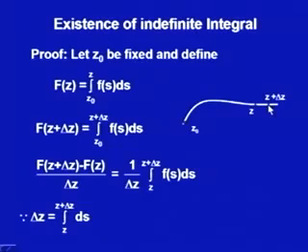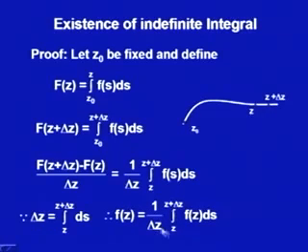So from here we could write f of z as 1 upon delta z times the integral from z to z plus delta z of fz ds. Why? This fz is constant with respect to the path of integration, so it can be taken out, and this integral would be nothing but delta z. So delta z upon delta z is 1, and this is fz.